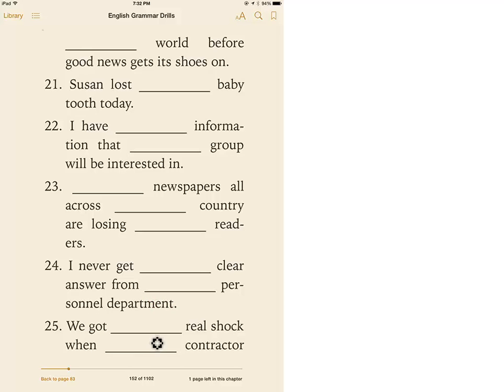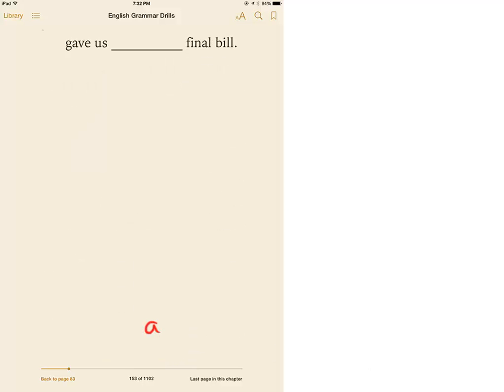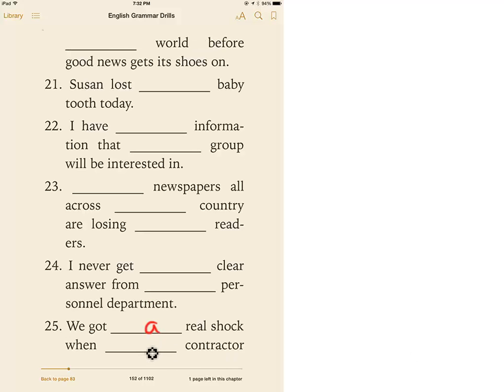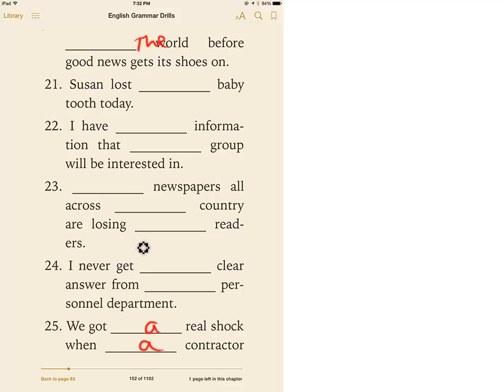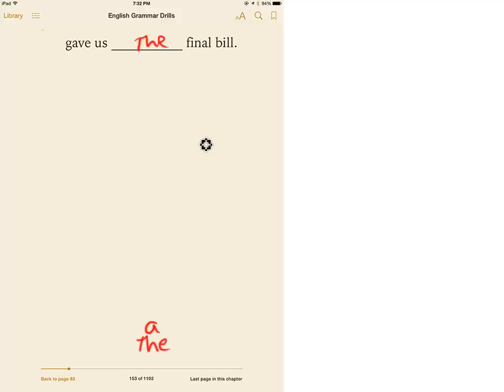We got blank real shock when a contractor gave us the final bill. Okay, we got a real shock when, I would go back and probably fix that. I'd probably say we got a real shock when the contractor gave us the final bill. Okay, so that's how I would change it up.